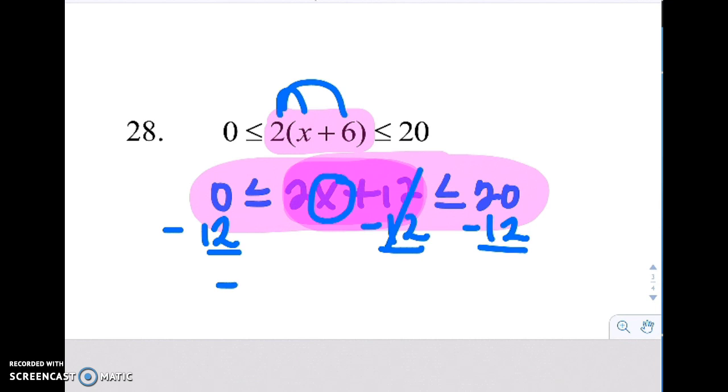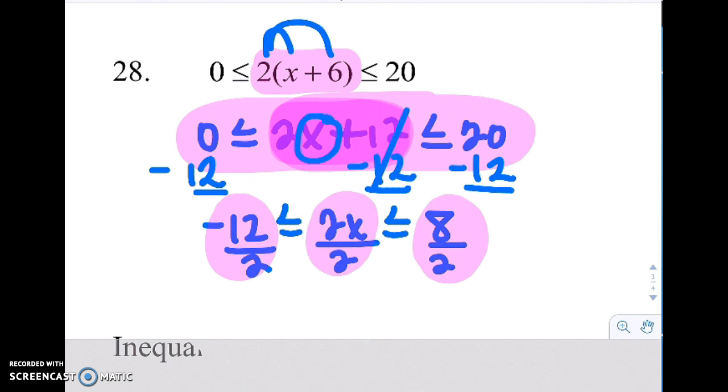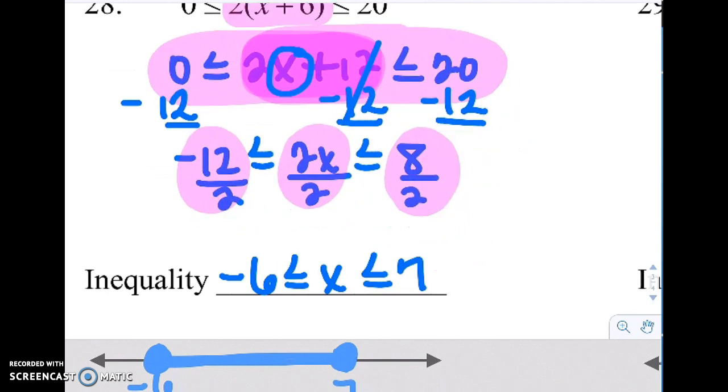So that leaves me with negative 12 is less than or equal to 2x is less than or equal to 8. And now I need to get x by itself by dividing by 2. But again, whatever I do to the middle, I need to do to the left and to the right of the 2 inequality symbols.